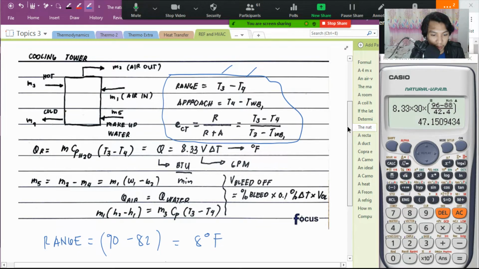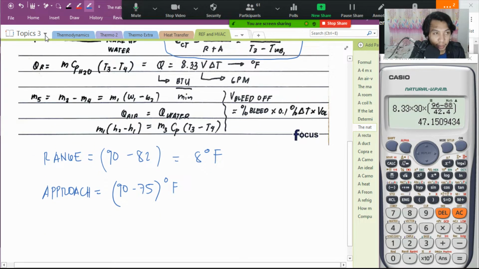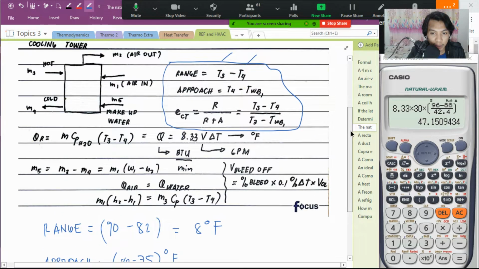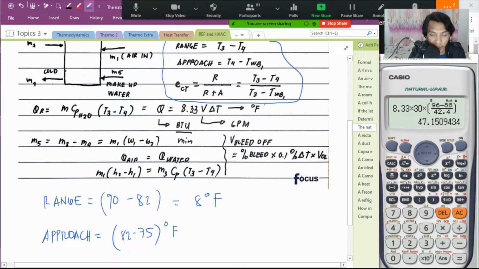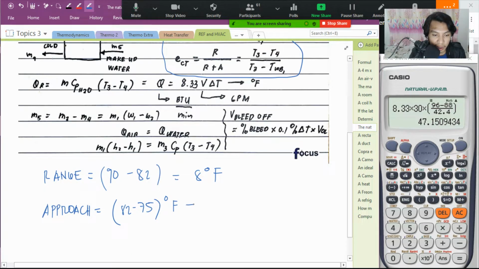T4, ayun, cold water, 82. Yan. Okay na. 82. T3 minus T4 yung una. T4 pala to. T4 minus T wet bulb. Dito ko nakatingin eh. Okay? That is equal to 82 minus 75. That is 7 degrees Fahrenheit.